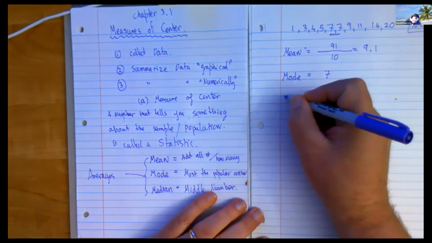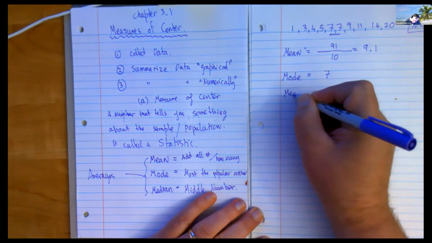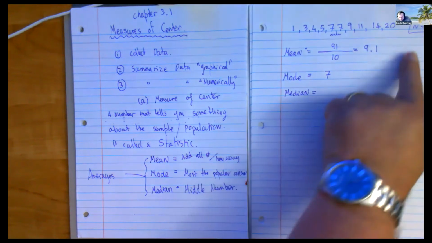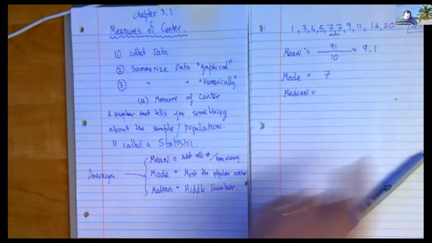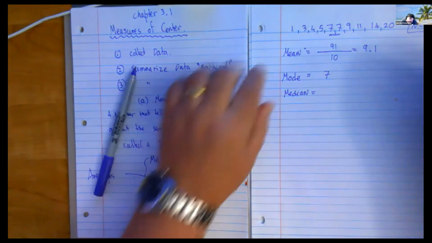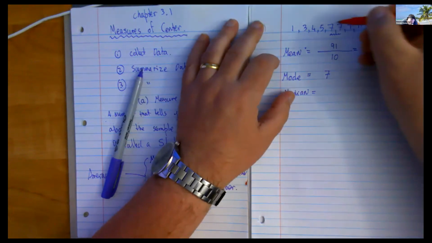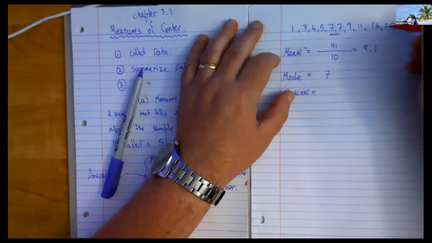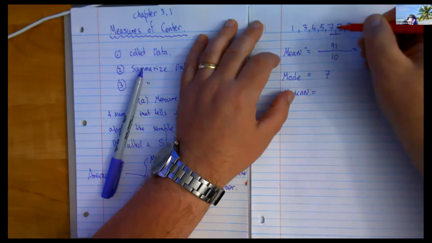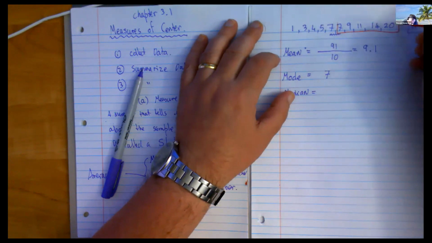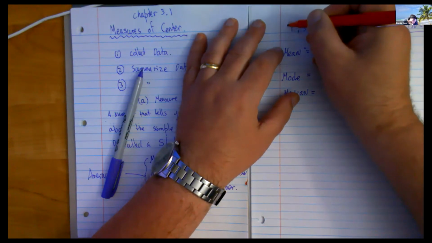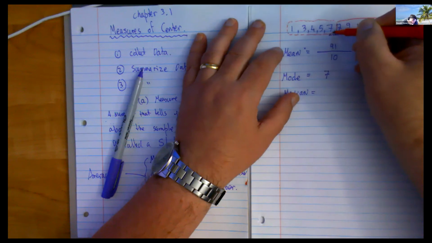And then we have the third one, which is called the median. Now, the middle number, let's see what that looks like. If you look at 10 numbers, 1, 2, 3, 4, 5, and 1, 2, 3, 4, 5, you get those 5, and then you get those 5.